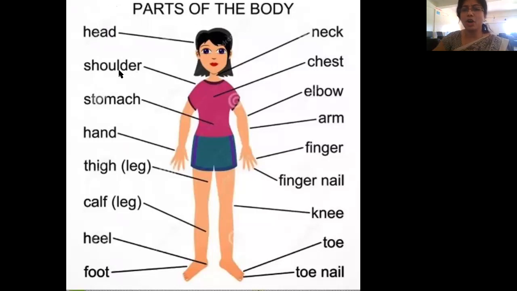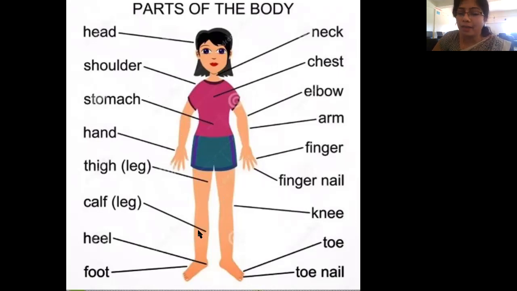Then comes your shoulder. Where do we have shoulder? Yes, you can see the video of mine also. Below that, this part of our body is stomach. Next is hands. The upper leg part is our thighs.